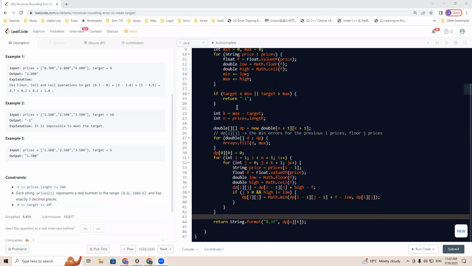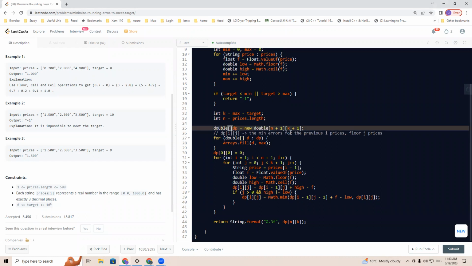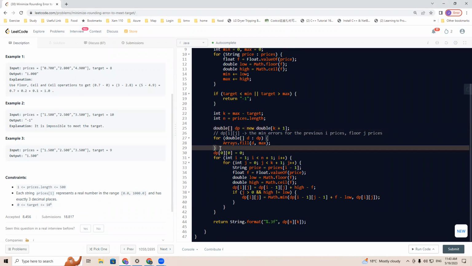So we can simplify this to a one-dimensional array, and we just need this.